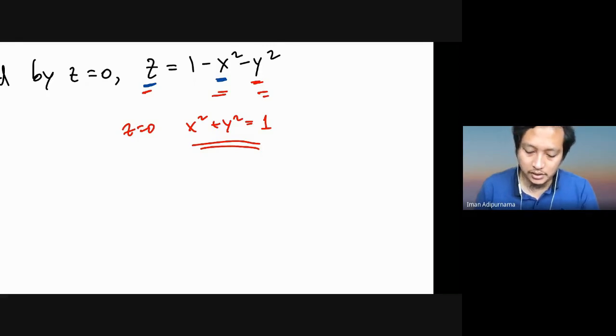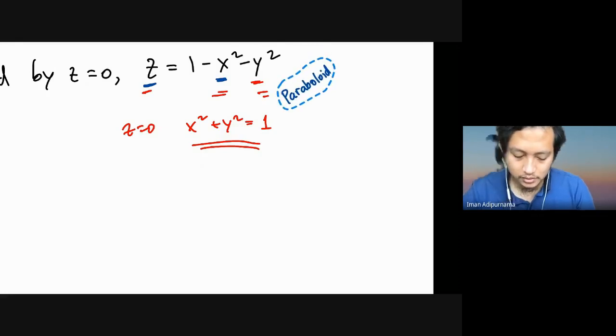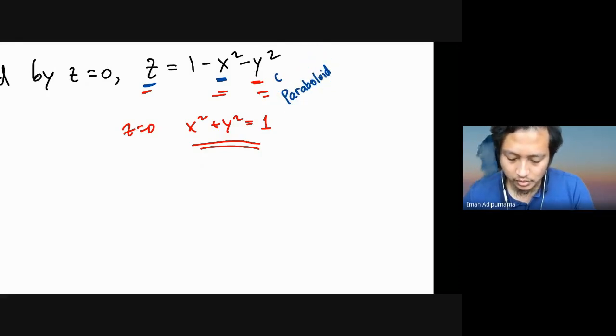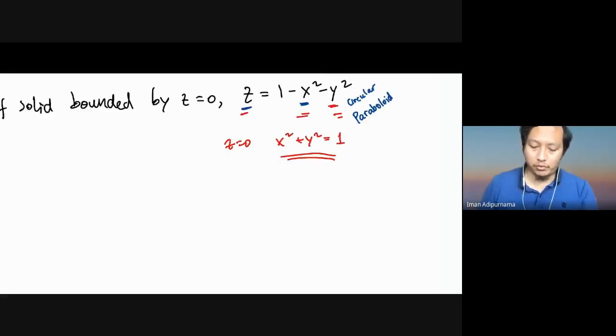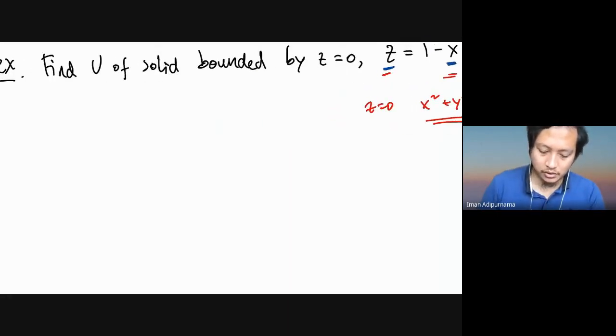So this is the surface of a paraboloid. And the type is a circular paraboloid, because you have a circle as its base, right?